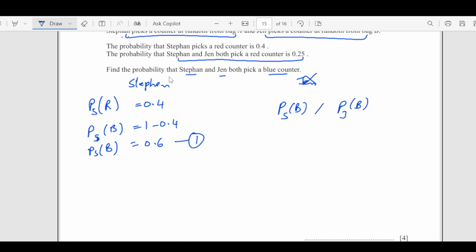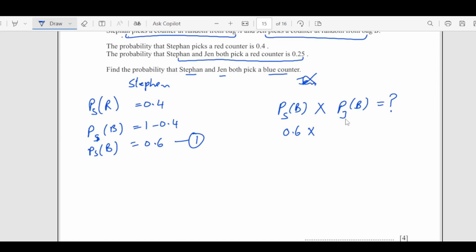Both picking blue means multiplying. So we need the probability of blue for Stephen and the probability of blue for Jen. For Stephen we have 0.6, which we already found, and the blue one for Jen we don't know.